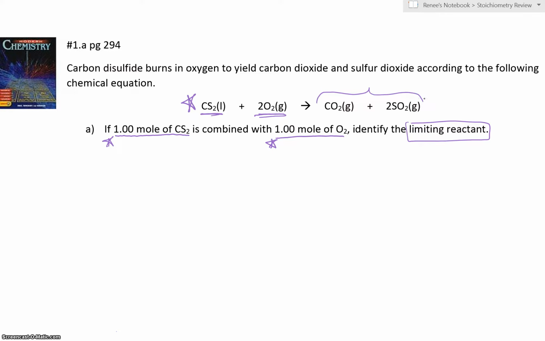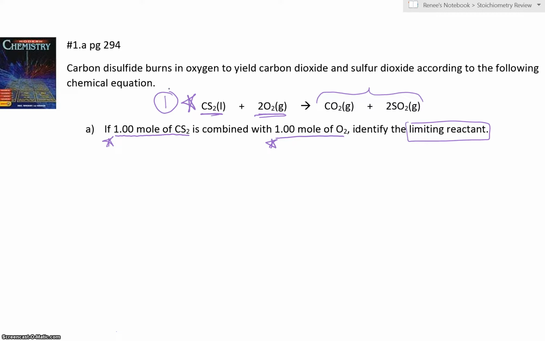I'm going to show you one method where we compare the moles of each reactant. So the first step of the problem is always to check if you have a balanced chemical reaction in any stoichiometry problem. Here I notice that I am balanced. Luckily, they've already given me a balanced equation, so I don't have to do so.